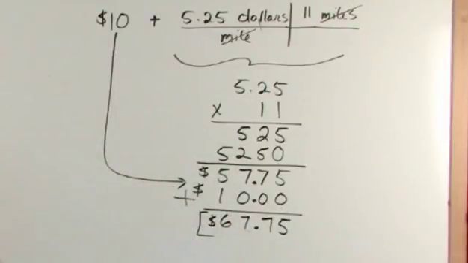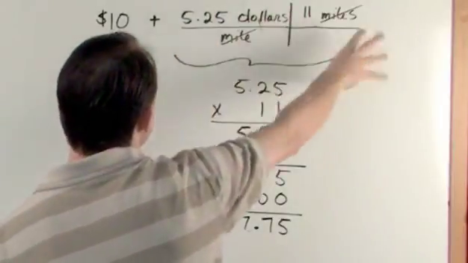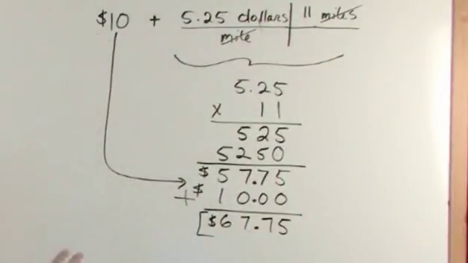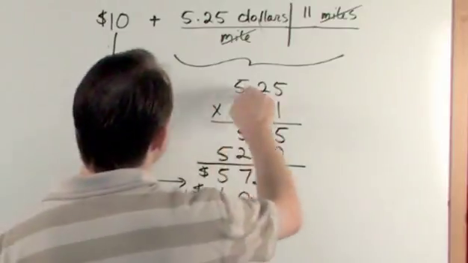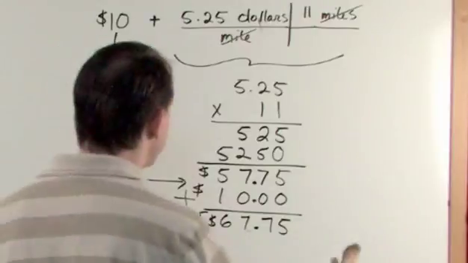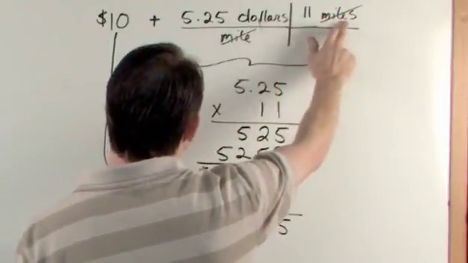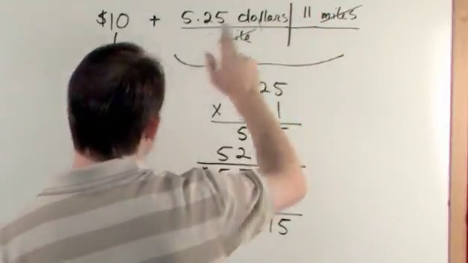Okay? So the only thing that made this a little bit different is that he got a flat fee plus some amount of money he earned for actually driving you, and we had to figure out that we had to multiply. It was $5.25 per mile, and we drove for 11 miles, so we had to multiply these together, and your units show that with the miles canceling. When you multiply by the 11, you get dollars.